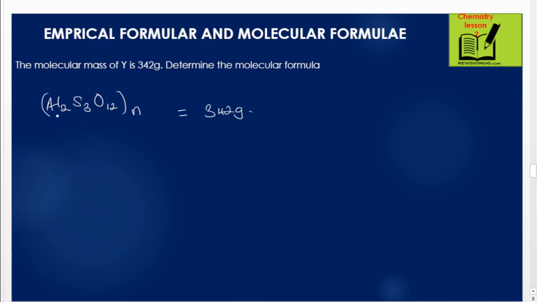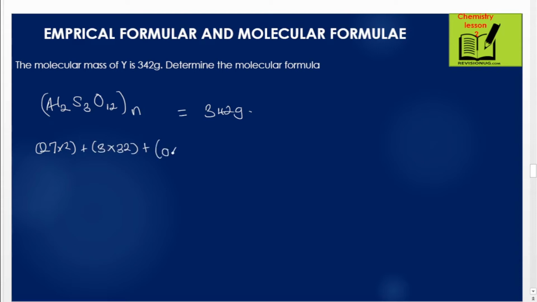And then we are now going to look at the mass of each atom, starting with aluminium. Remember, the atomic masses of different atoms are given, so you don't need to cram them. Aluminium is 27, and there are 2 atoms, each one taking 27, plus sulfur, then there are 3 sulfurs and each sulfur is carrying 32.